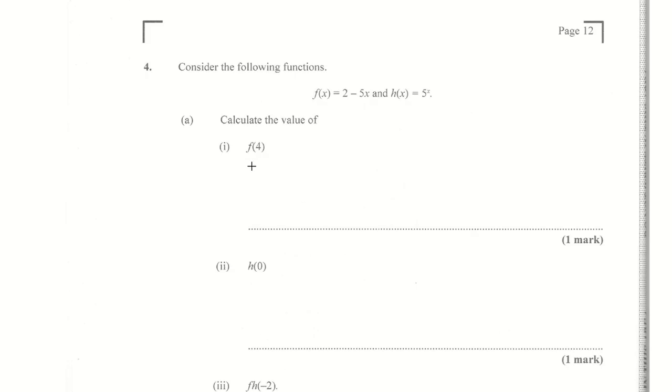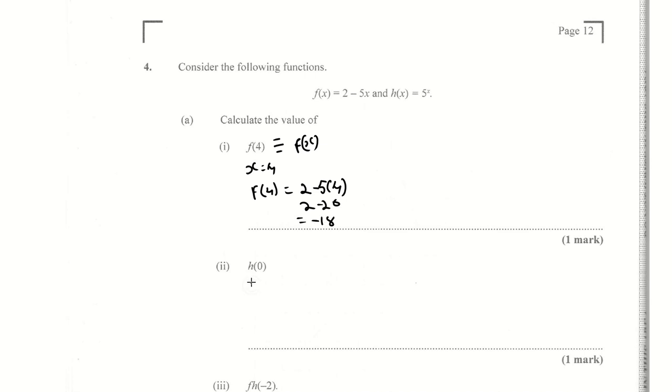So, f of 4 just tells you, if you equate it with, obviously you would not use h of x function, you'll use f of x function. We can clearly see that x is equal to 4, right? So f of 4 would be 2 minus 5 by 4, which is 2 minus 20, which is equal to minus 18.